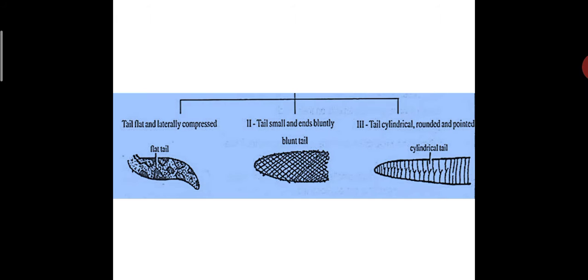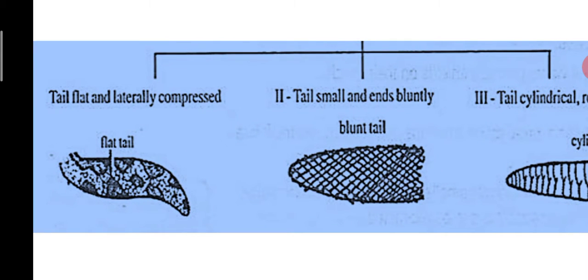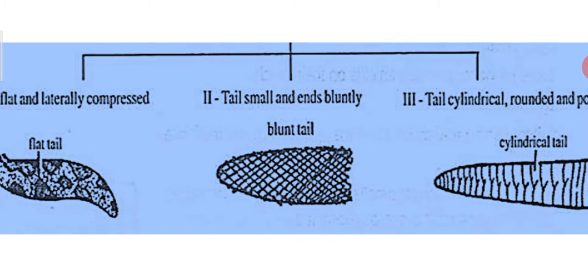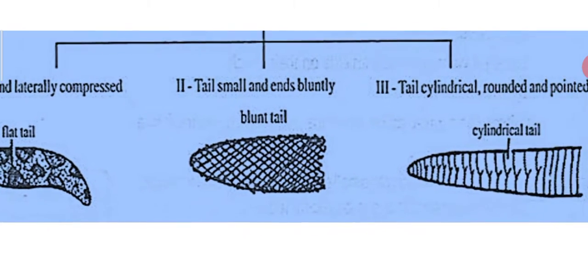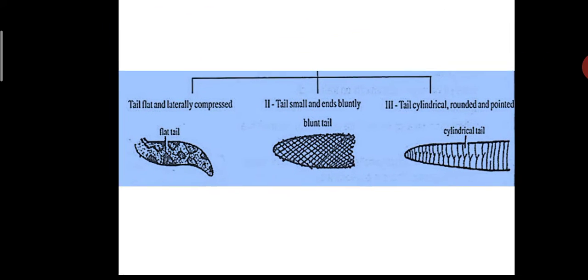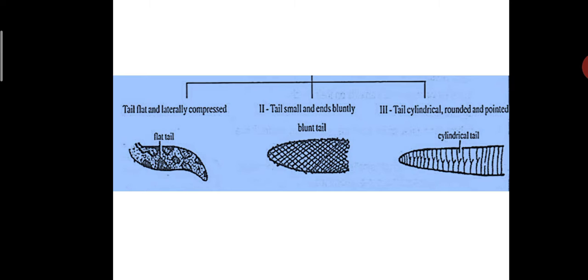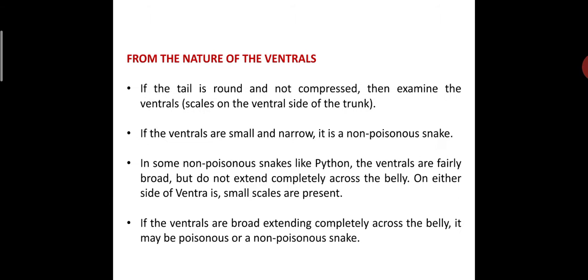By the diagram you can easily see: a flat tail, a blunt tail, poisonous and non-poisonous. And the third one, the cylindrical shape, may be poisonous or non-poisonous. So if a cylindrical-tailed snake bites a person, there will be confusion whether it is poisonous or non-poisonous. There comes the trouble.